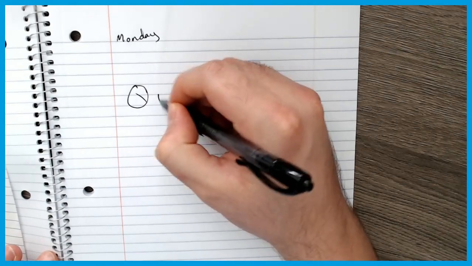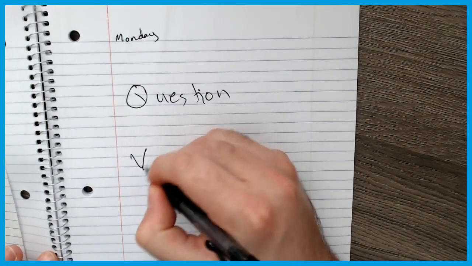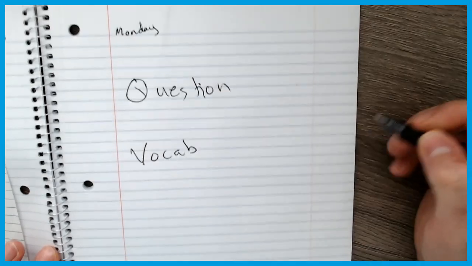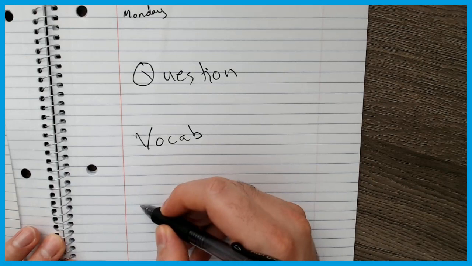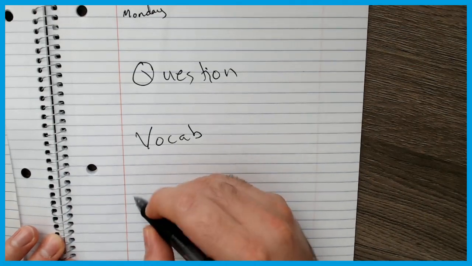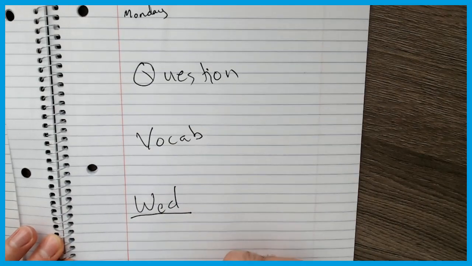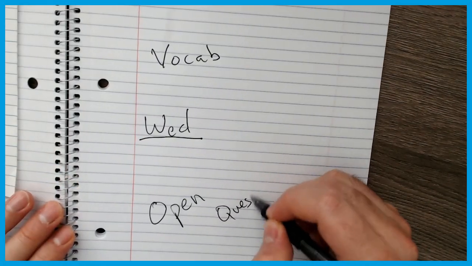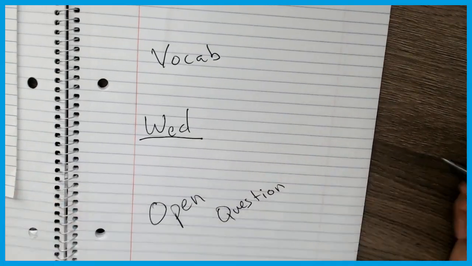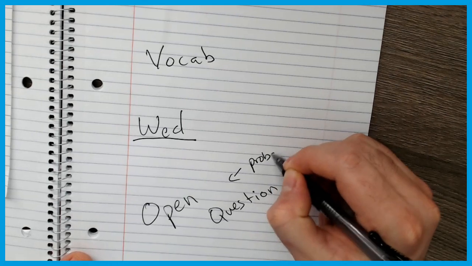You would have your question, and you would have your vocab. If you choose to write on Wednesday for your open question, you could put that here. But I suspect most people are going to need a whole page.